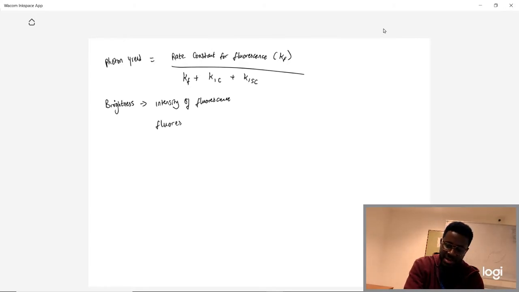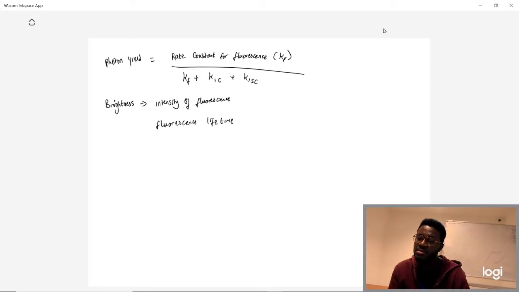Going back to photon yield, the rate constant of fluorescence, Kf, is over all the total rate constants: rate constant for fluorescence, internal conversion, and intersystem crossing. You could also add the rate constant for phosphorescence, but it's negligible because it's forbidden, so it's not going to change much.